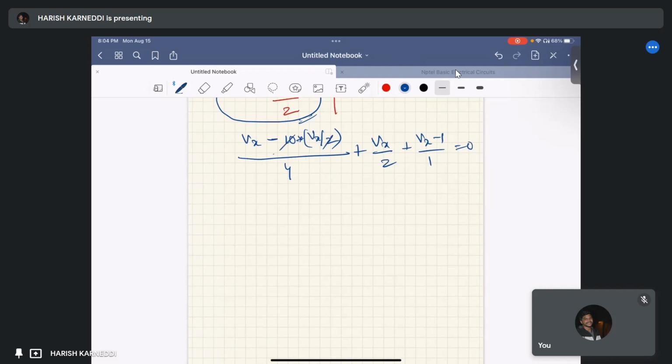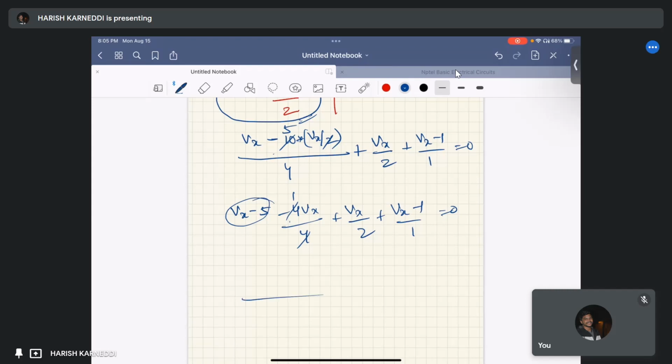This is Vx minus 5Vx. Vx minus 5Vx is minus 4Vx by 4 plus Vx by 2 plus Vx minus 1 by 1 equal to 0.